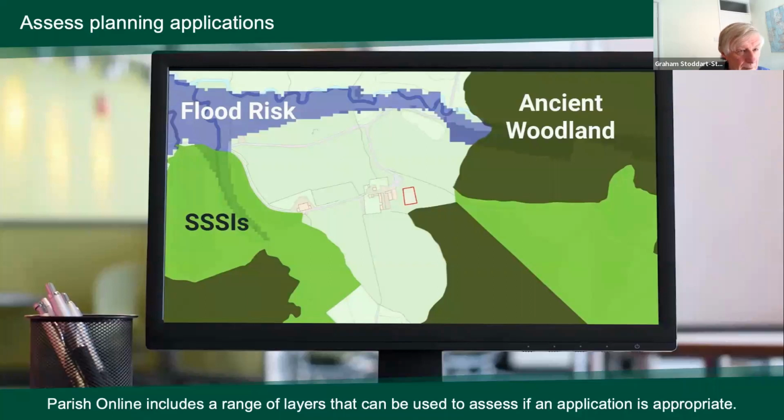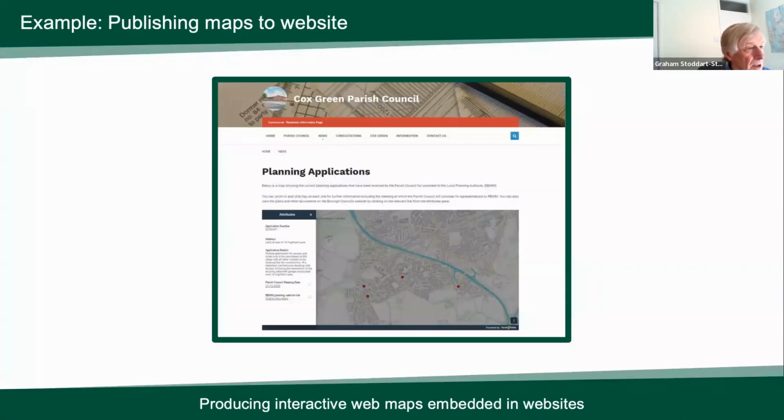And then planning applications are possibly the biggest thing that councils do with this. You can take what looks to be an innocuous looking planning application, and then by the time you've thrown in listed buildings and ancient woodlands and flood risks and so forth, you might suddenly decide it's the most inapplicable planning application you've ever seen. But you wouldn't have known that if you hadn't had the data readily to hand and visualized like this. So you can publish the planning application. What you do in Parish Online is directly publishable to your local village website.